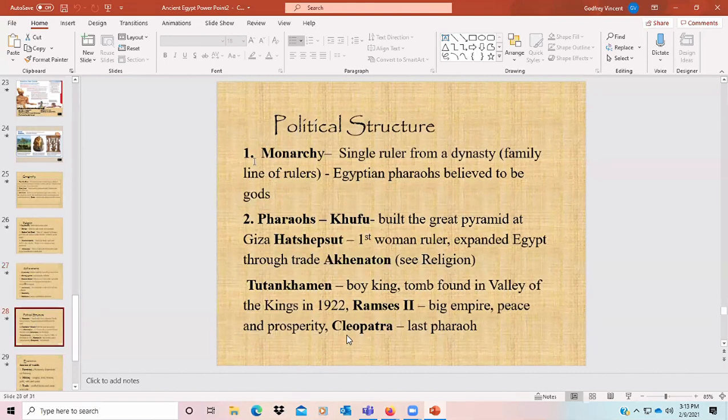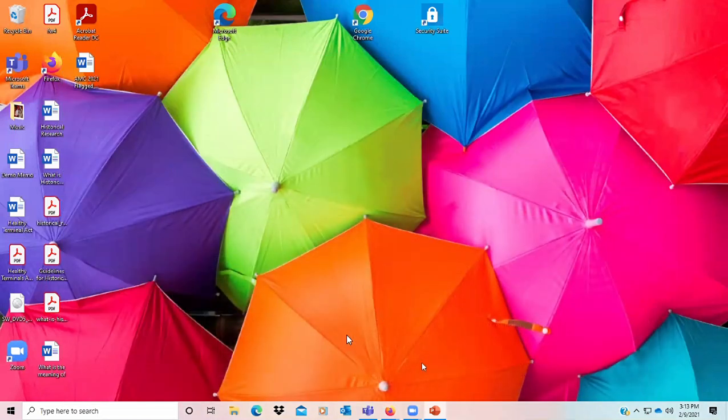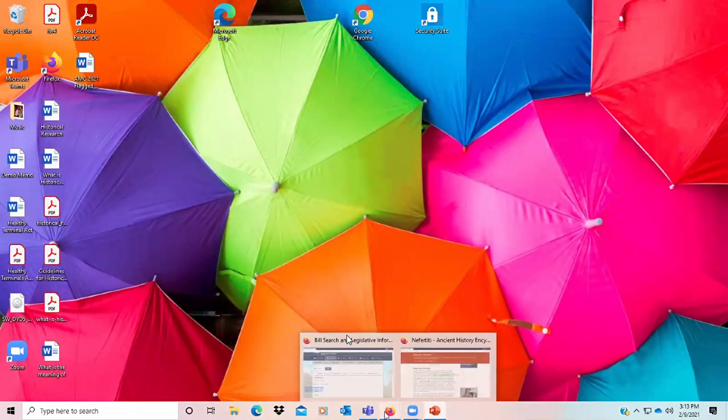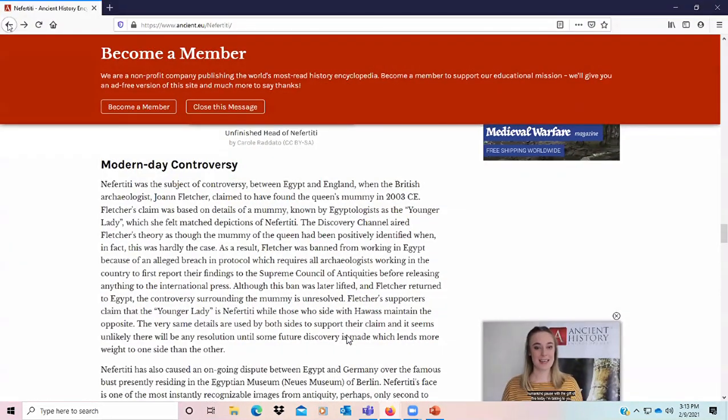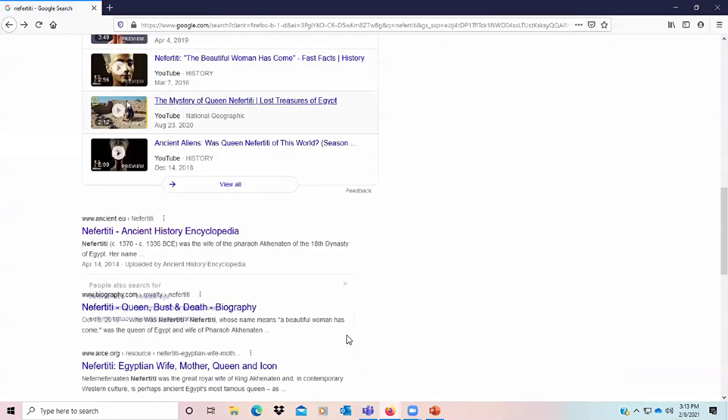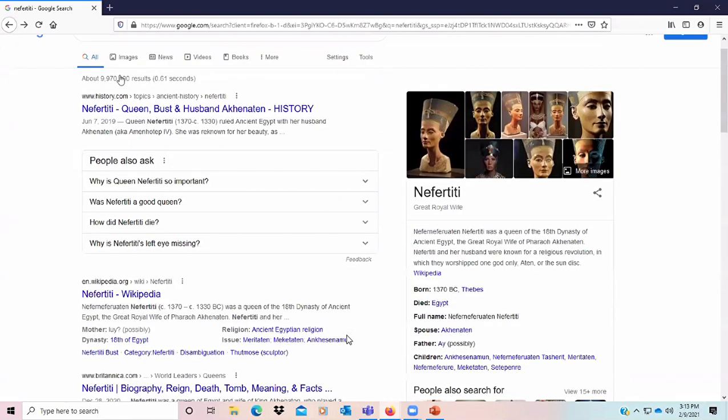This is their political structure. What was the political structure of ancient Egypt? Again, if we want to know more of the political structure of ancient Egypt, you can do more research.